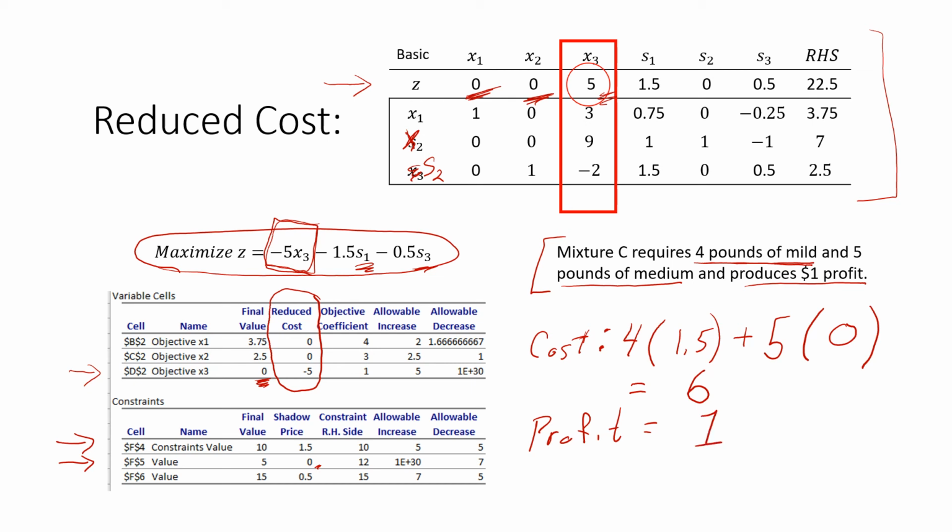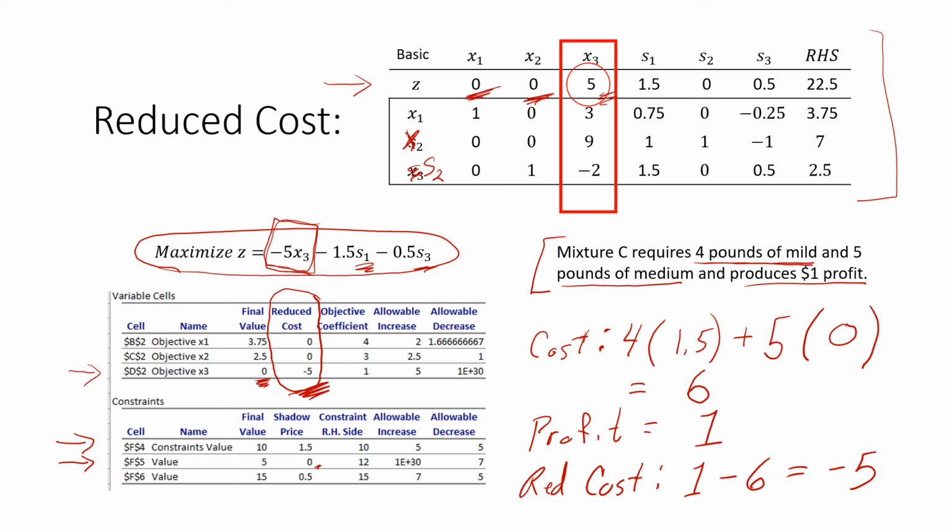So increasing the production has a $6 penalty, but only $1 profit. So the reduced cost is $1 profit minus $6 penalty, which is -5, which is exactly our reduced cost.